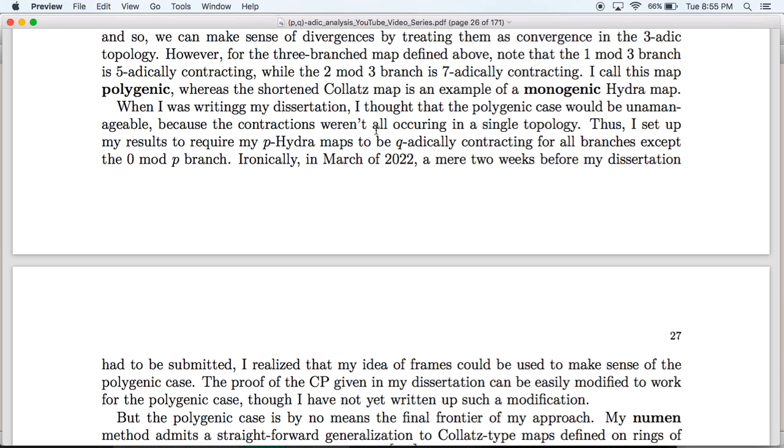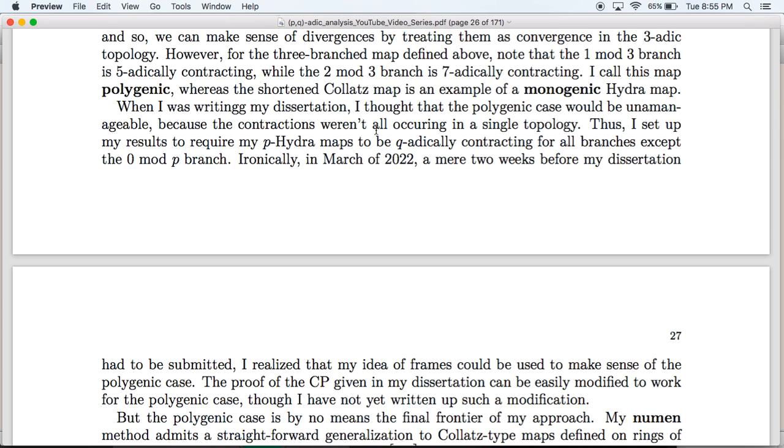That was just a convenience. However, 2 weeks before my dissertation was due, I was going through rewriting, just cleaning up my proof of the correspondence theorem, and I realized that frames could be used to handle the polygenic case.